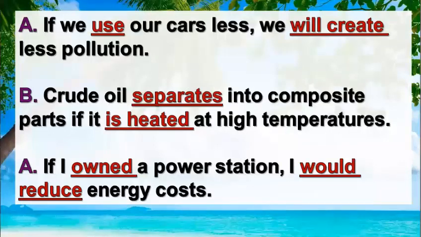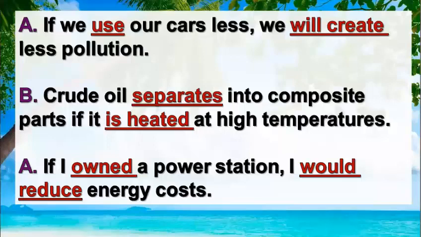"Crude oil separates into component parts if it is heated at high temperature." "Separates" with an S means you are talking about present simple. "It is heated" is also present simple. So we have F0. "If I owned a power station, I would reduce energy costs."